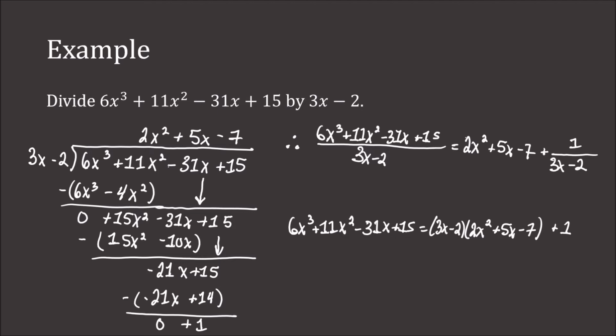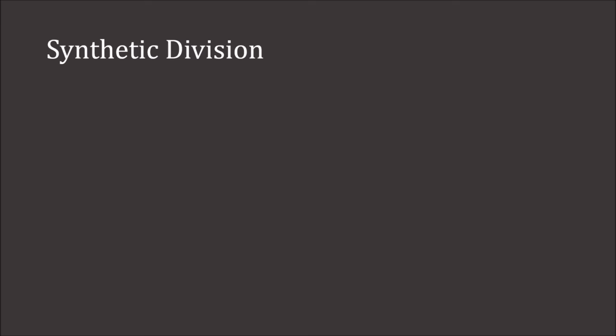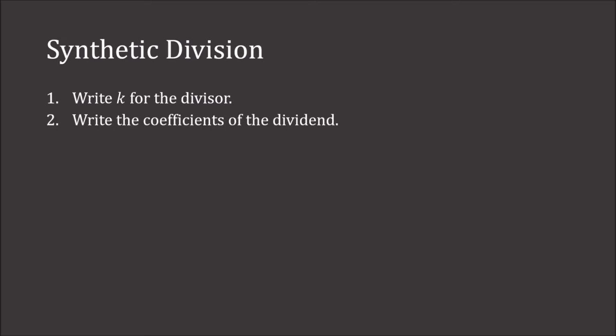So now we look at the steps for doing synthetic division. First, we write k for the divisor. We write the coefficients of the dividend. We bring the lead coefficient down.